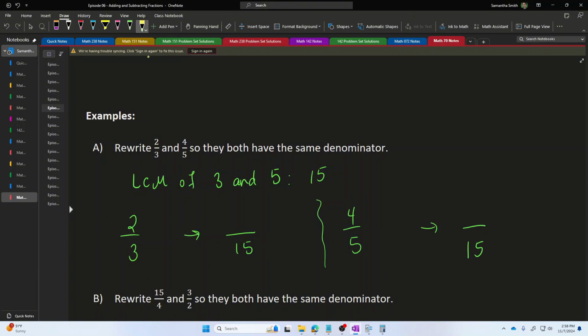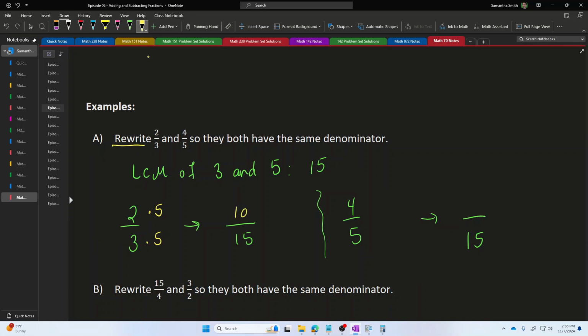Now to turn 3 into 15, I'm going to need to multiply it by 5, which means I also need to multiply the numerator by 5, because when I'm rewriting a fraction, I'm not allowed to change the amount. And so I have to make sure that the numerator and denominator are multiplied by the same value.